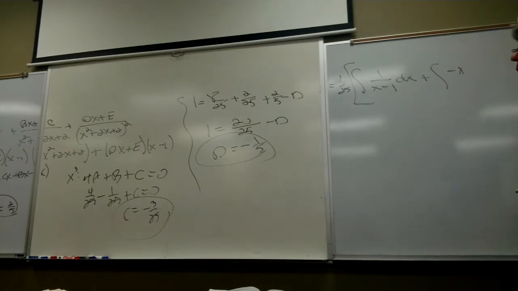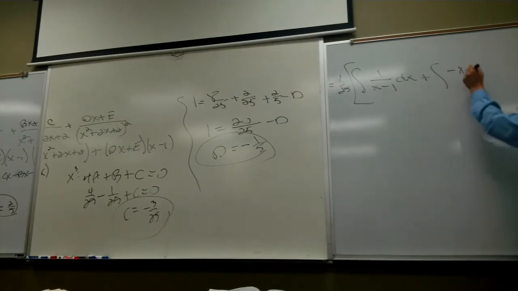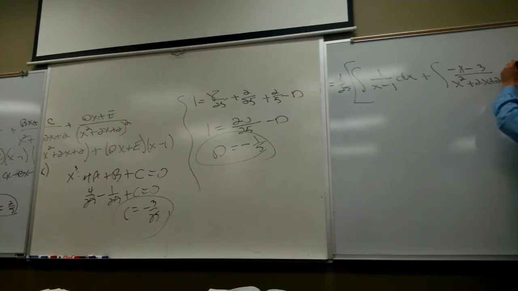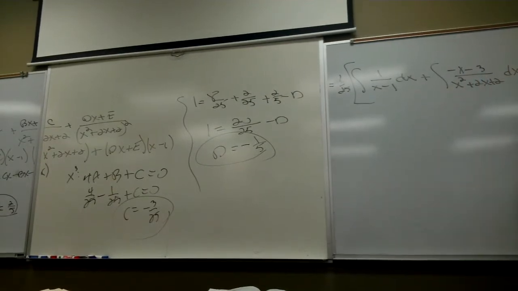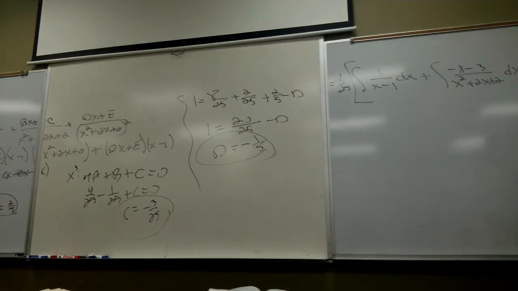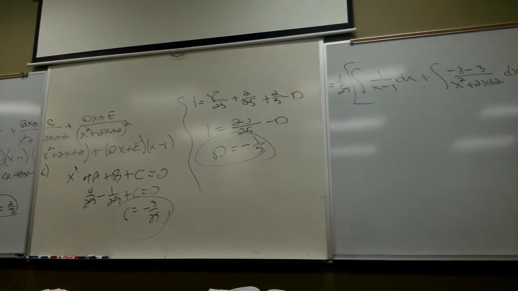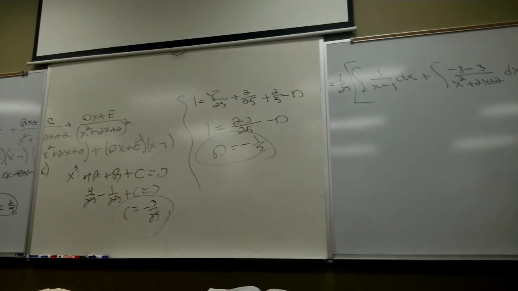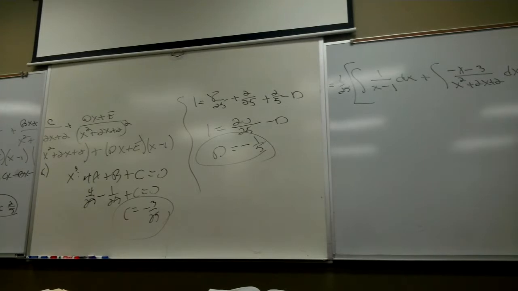And my c was negative 3/25. And finally, my e, oh, excuse me, I misspoke. My d was negative 1/5. And lastly, my e held a value of 2/5. Is it positive or negative 2? Positive.